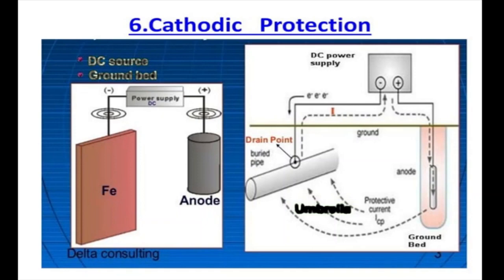In the second figure, we can see a cylindrical pipeline buried underground, and the environment in which it is buried is saline or reactive in nature, corrosive with respect to the surface of the pipeline, because they are mostly made of ductile cast iron.